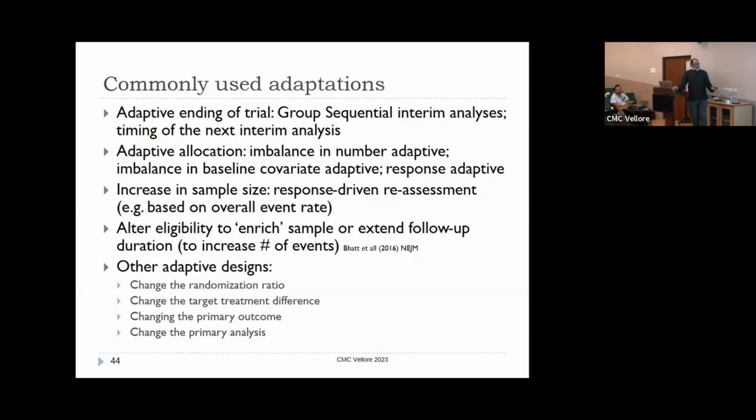And then you can extend the follow-up duration to increase the number of events. This is fairly commonly done. It says our event rate is low, can we follow people for another 2 more years so that more people die or more people get the event or whatever? And these are some of the other ones that I've mentioned already that we do.